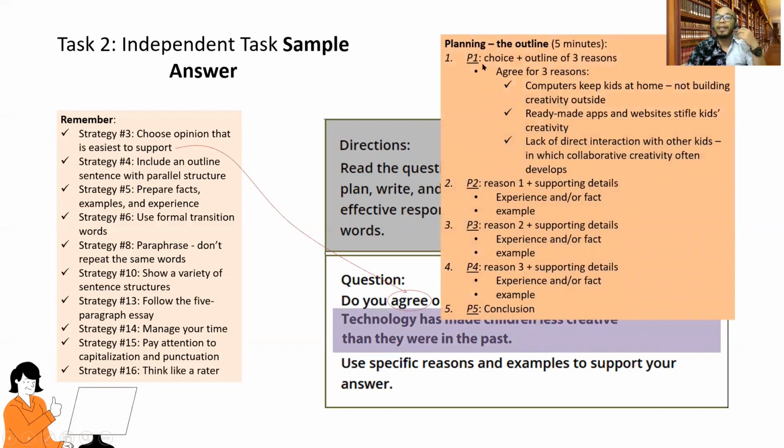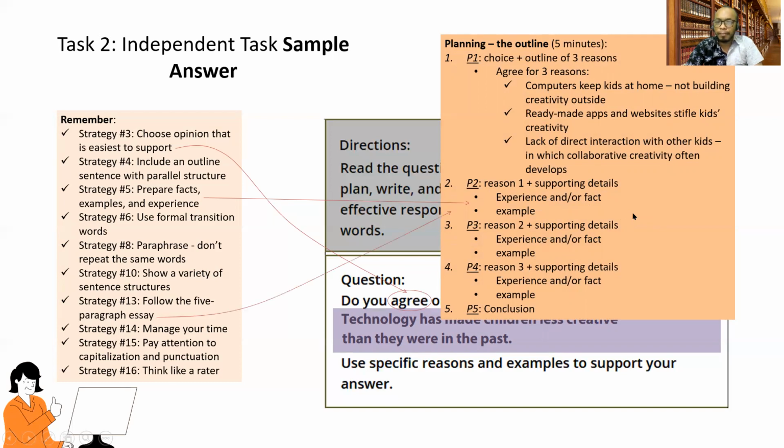And here is the outline of his essay that he made during the first 5 minutes. So you can see there that he reminded himself of experience, facts, and examples to make sure he can cover the 300 words in his essay.